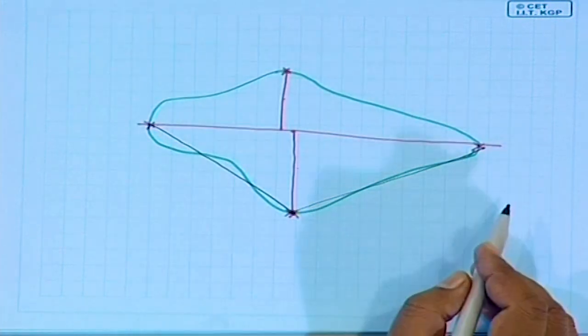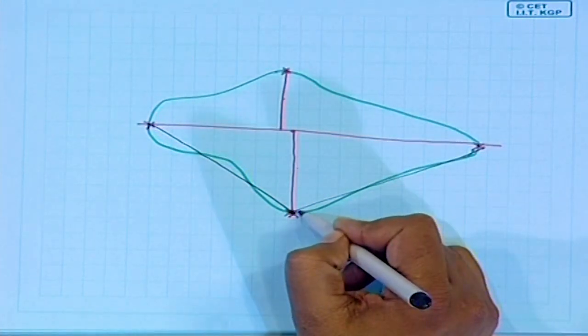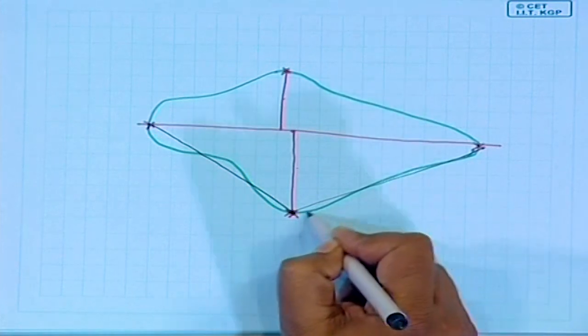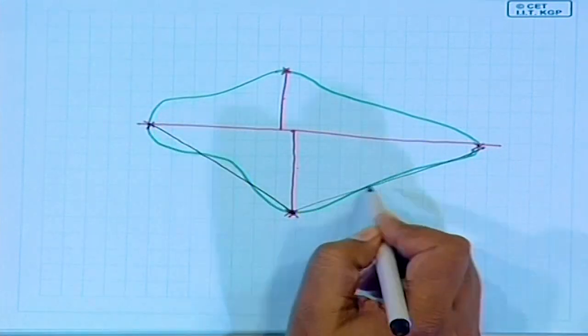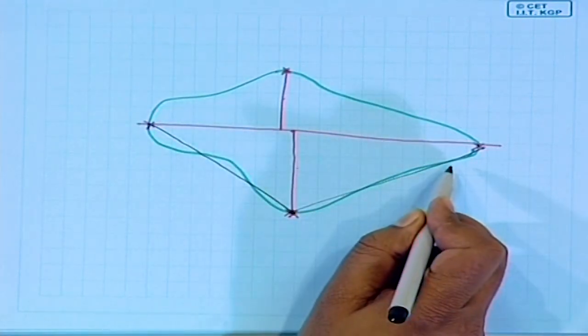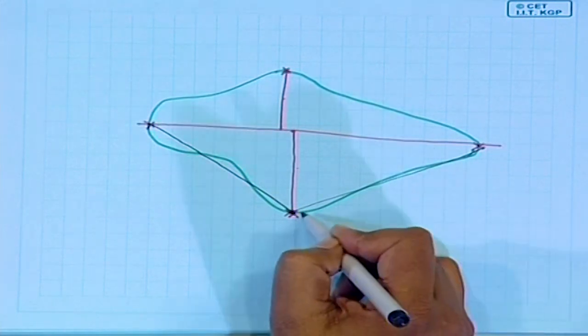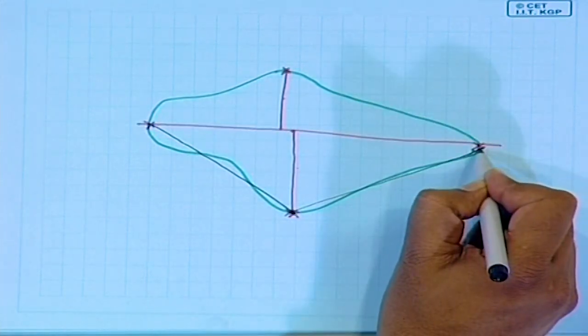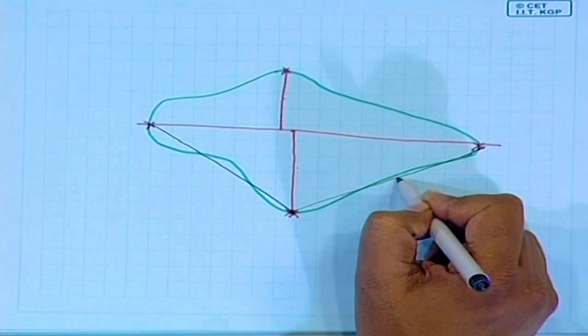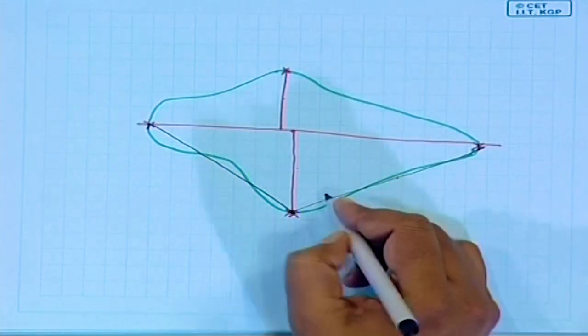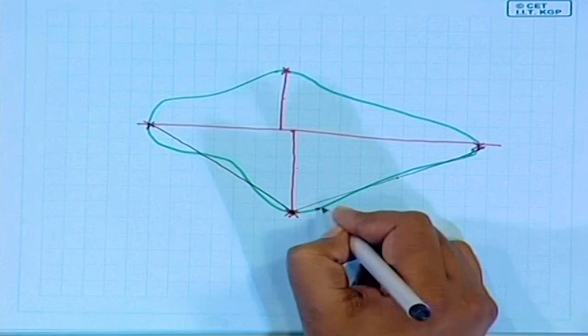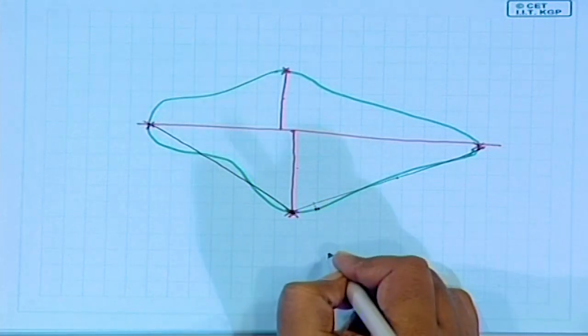Again I follow the same criteria, that for each of these straight lines I find out a point on the boundary, between these 2 split points, whose distance from this straight line segment is maximum. So, possibly I will get a point somewhere over here whose distance is maximum.